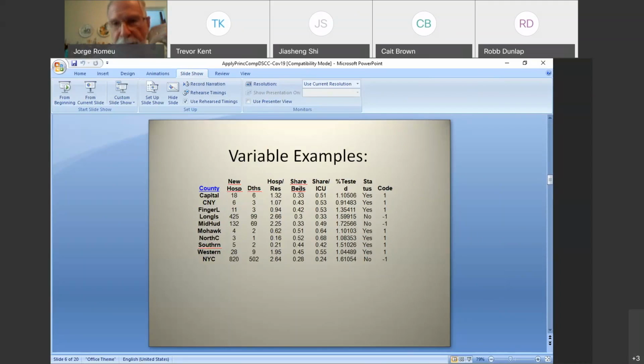The share percent of beds that are due to COVID-19, and the same for the ICUs. A percent of the residents of the state tested by 1,000 residents, and the status. The status is whether the New York State had determined that they were ready or not ready to open according to their infection rates.